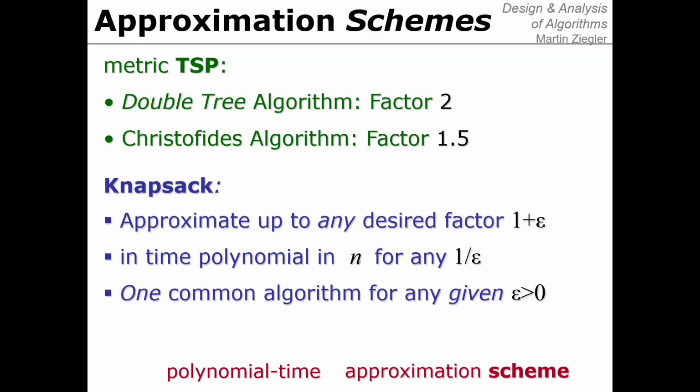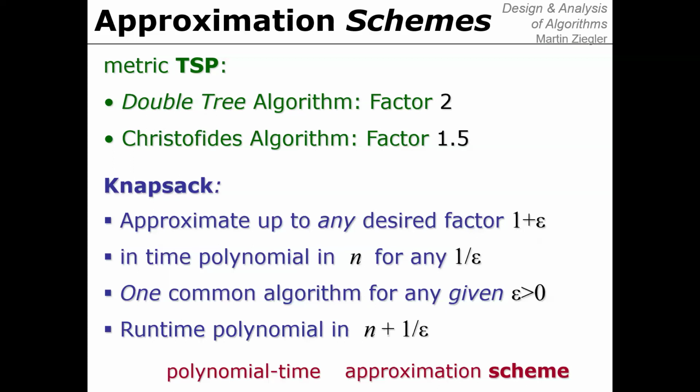Even better, this is not really a family of algorithms, one for each epsilon. It's one joint algorithm that can deal with any given epsilon. Epsilon is part of the input. So if we want a better approximation factor, we don't need to switch to a new algorithm. We just use our algorithm and give it a different, smaller epsilon. And it will do that, maybe slower, but it will do that.